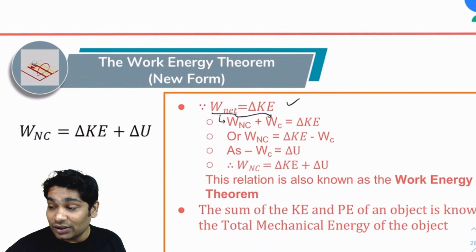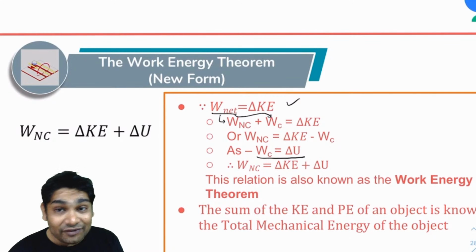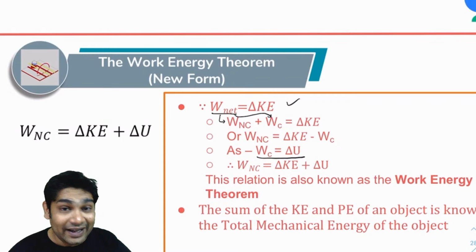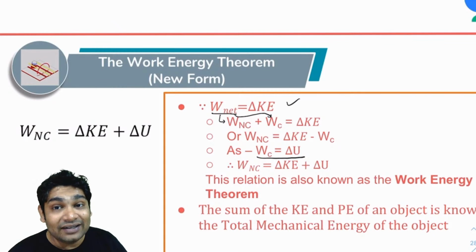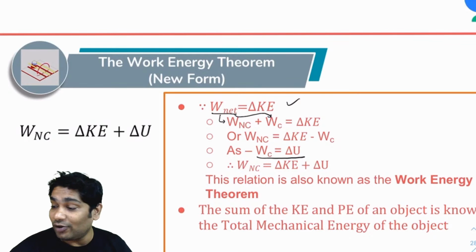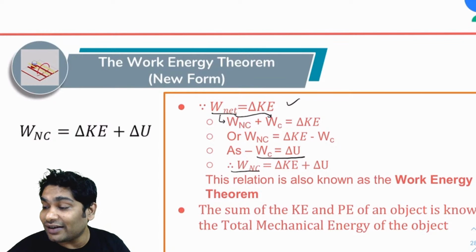And we already know that minus Wc is delta U. Therefore I can write my work energy theorem again in the form that work done by non-conservative forces is equal to delta K plus delta U. I hope everybody followed this. So this is how I can write work done by a non-conservative force.